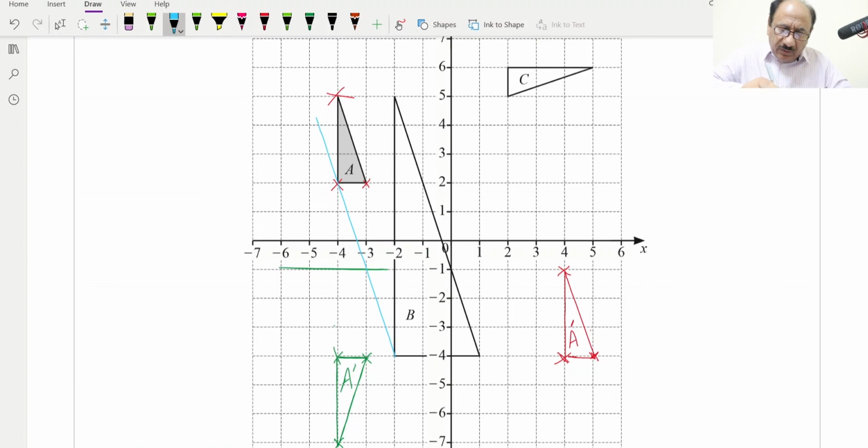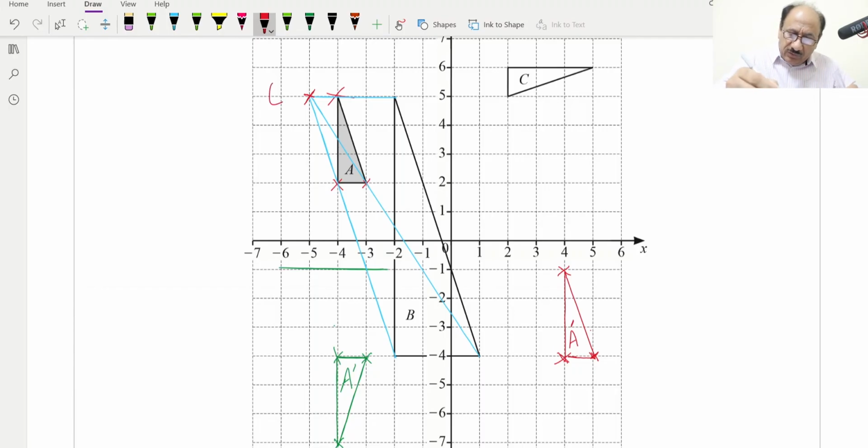If we draw a line over here joining the two vertices of the triangle, and we join the third one as well, and the second, and this is the third vertex. So all three vertices we have joined, and this is basically the point of intersection, or we can say this is the center of enlargement.